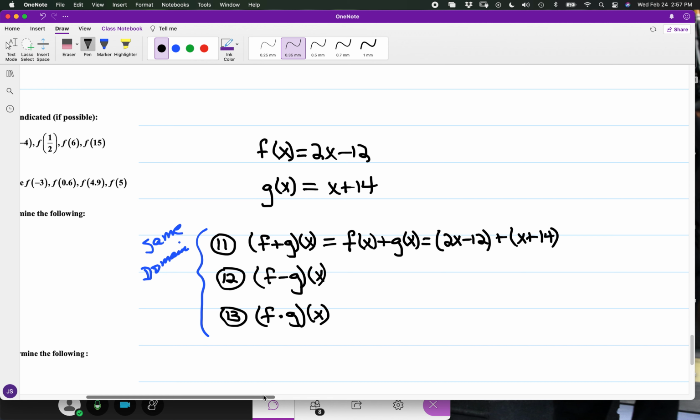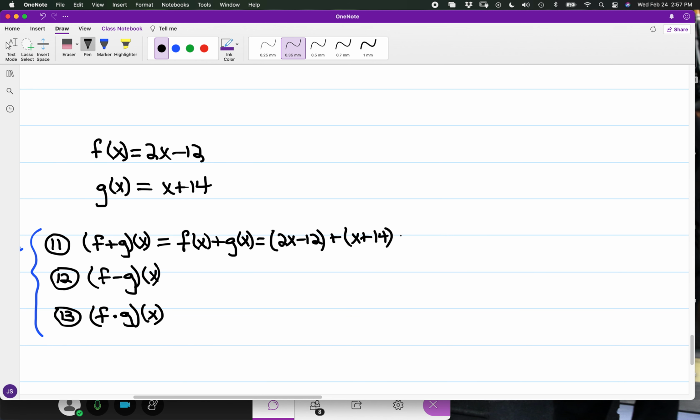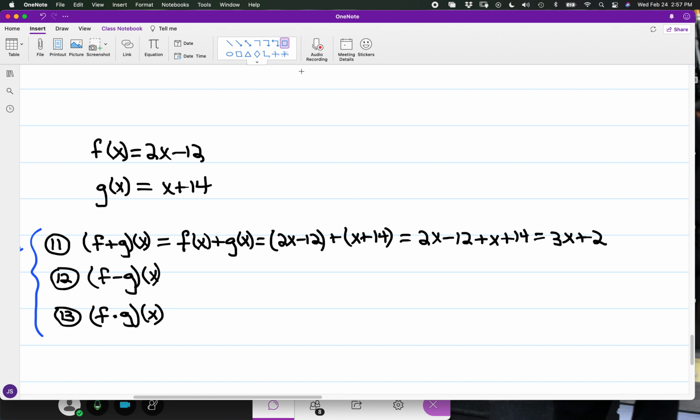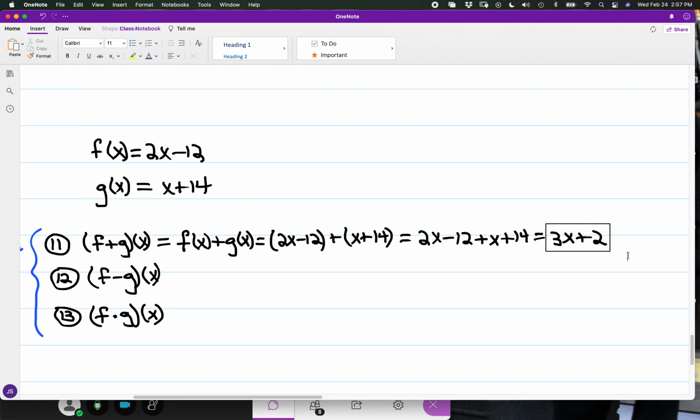Upon removing the parentheses, if I take the sum, I have 2x minus 12 plus x plus 14. So 2x plus x comes out to 3x, and negative 12 plus 14 comes out to 2. So for the sum of f of x and g of x, we have 3x plus 2.